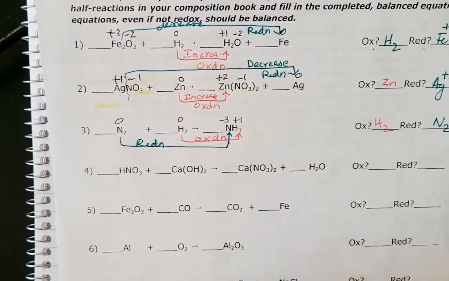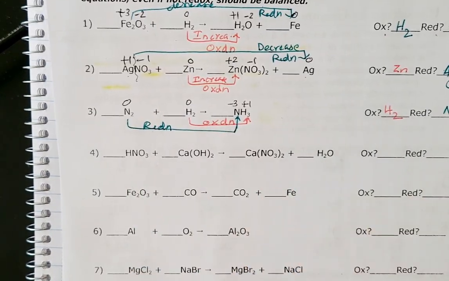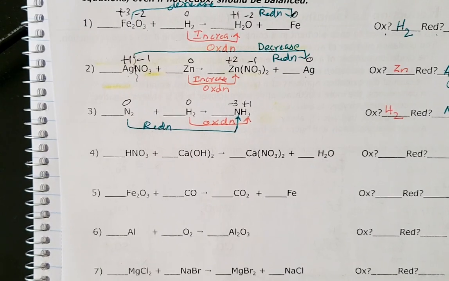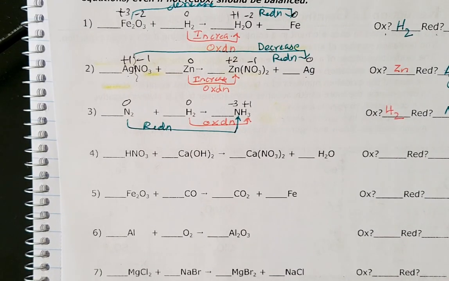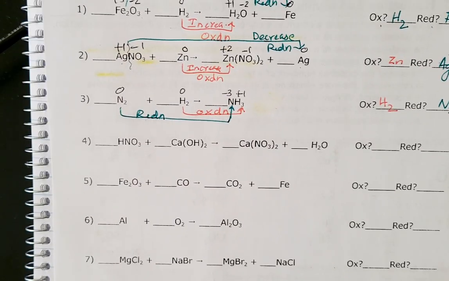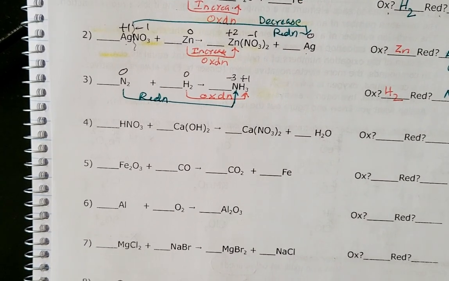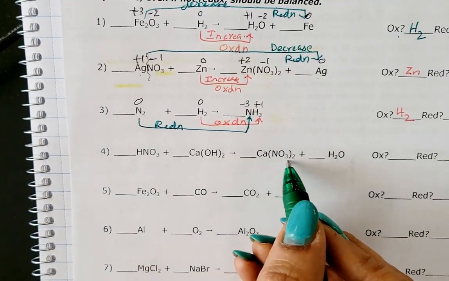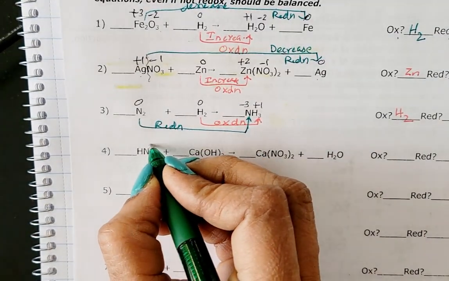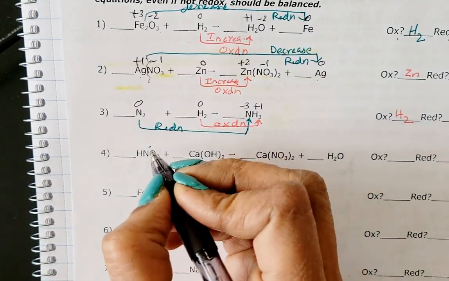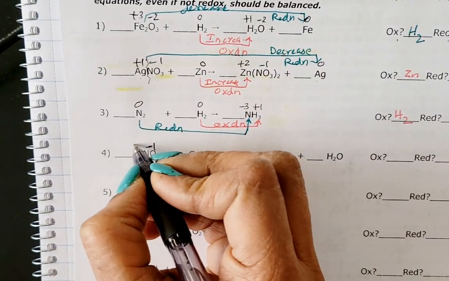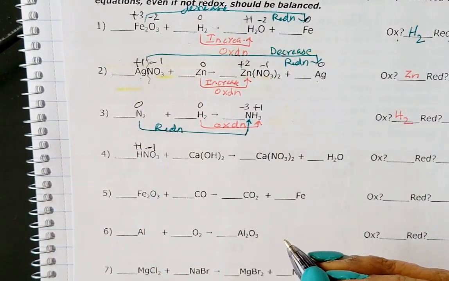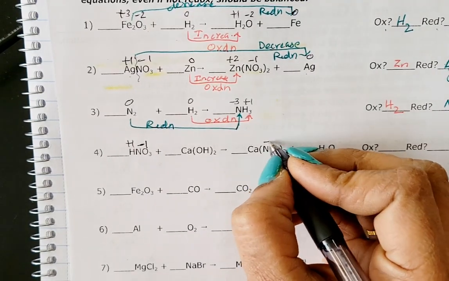I'll give you 1, 2, 3 minutes. Okay, let's see. I'm seeing nitrate on both sides, so I'll keep nitrate as nitrate. It is minus 1, hydrogen plus 1. Here also nitrate.